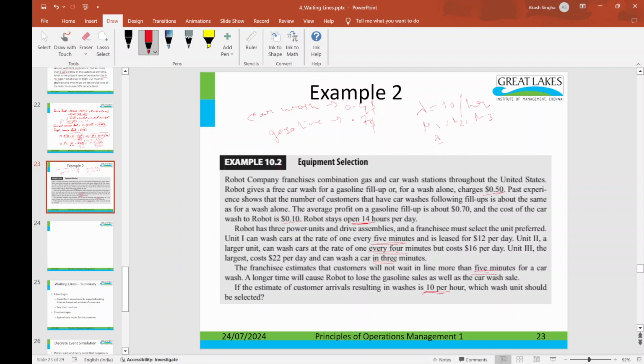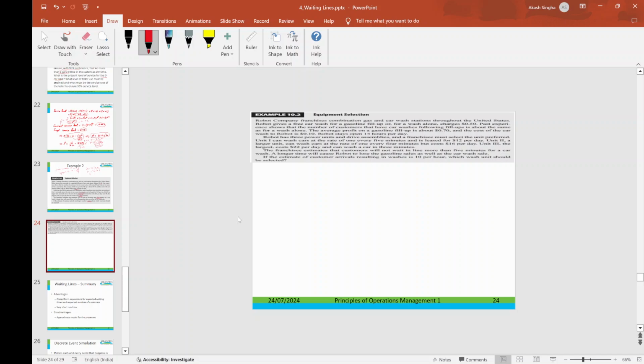Now what we will have to do is, I'm just thinking where I should solve the problem. Okay, so I just moved the problem here. What are the things given?